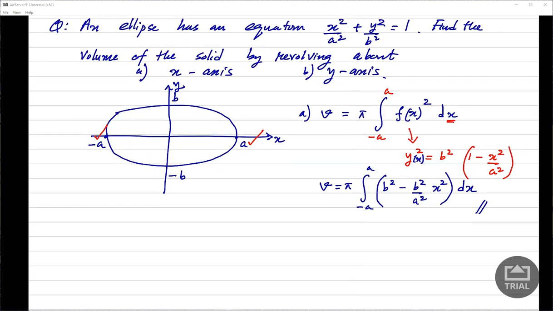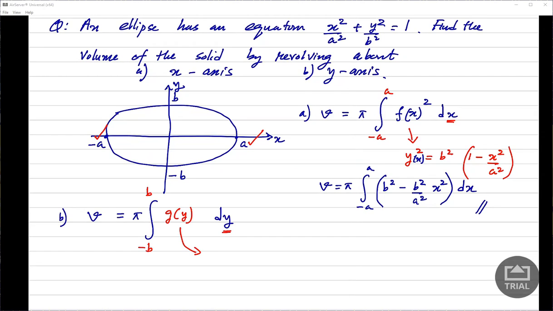Now the y-axis part. That would again be pi dy here. You have to have the boundary associated with y, so that would be minus b to b. Then this is a function of y, g of y. You can see that from the equation.